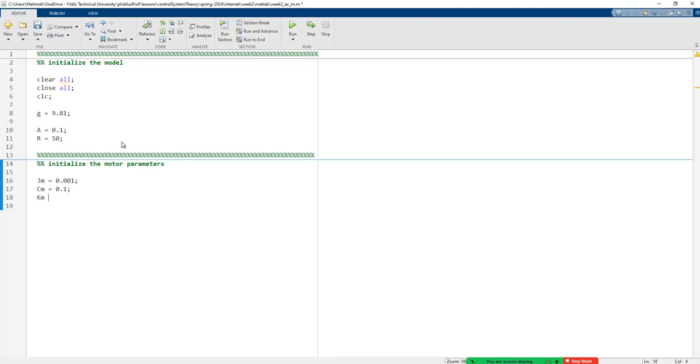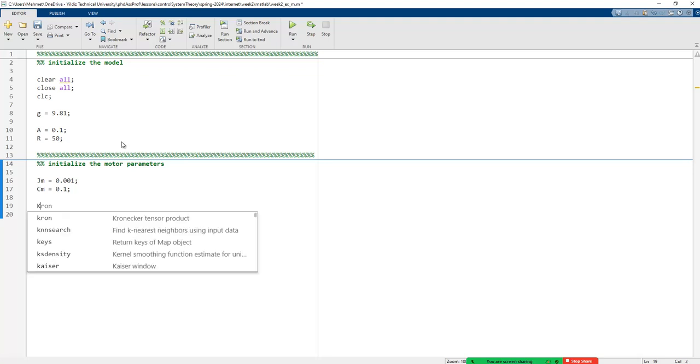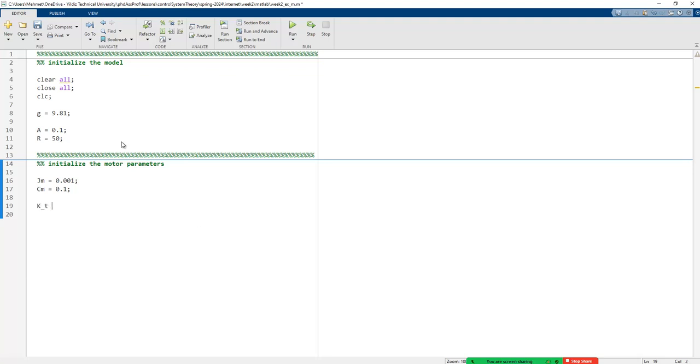Km can be equal to 0, so we don't need to build these terms here. Kt should be assigned 1, for example, and Kb equal to 1, for example, and Ra can be equal to 0.001, for example, and then we can build the model.